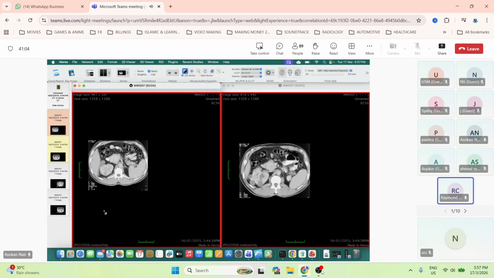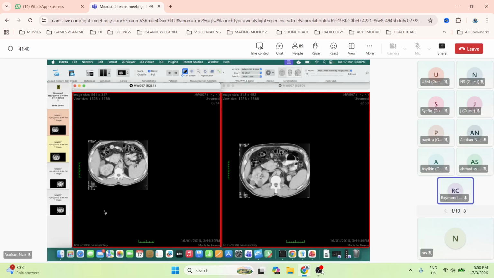Good evening, Dato. I'm Raymond from UM. So these are the axial slices in portal venous phase of the CT abdomen in multiple slices. At first I can see there are multiple right renal cysts, but the left kidney is absent.